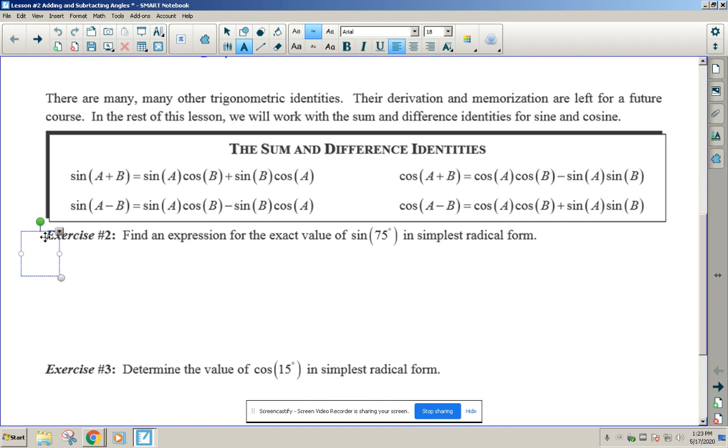If I was going to think about the sine of 75 degrees in terms of adding or subtracting, and this one, the directions say simplest radical form, that's telling me I am going to think about adding, because 45 degrees plus 30 degrees would make 75 degrees. 45 degrees is a special triangle, and 30 comes from a special triangle.